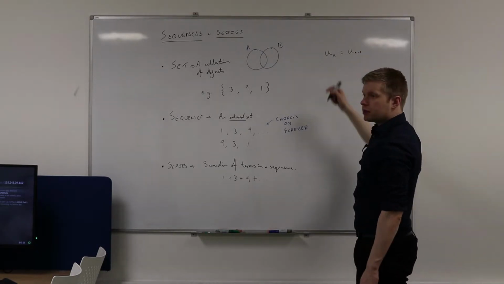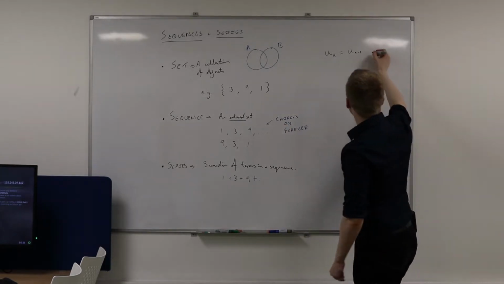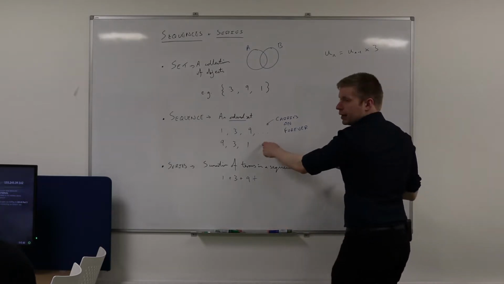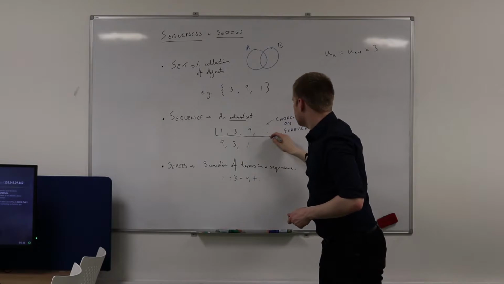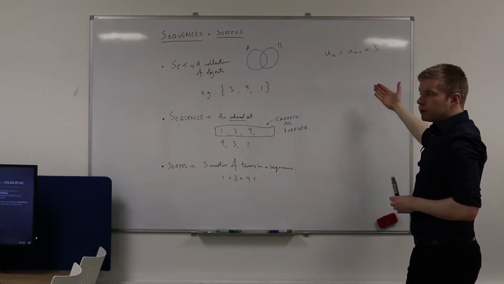Because if un is a term in the sequence, I take the previous term, so n-1, and I times that by 3. That's one way of defining this sequence here.